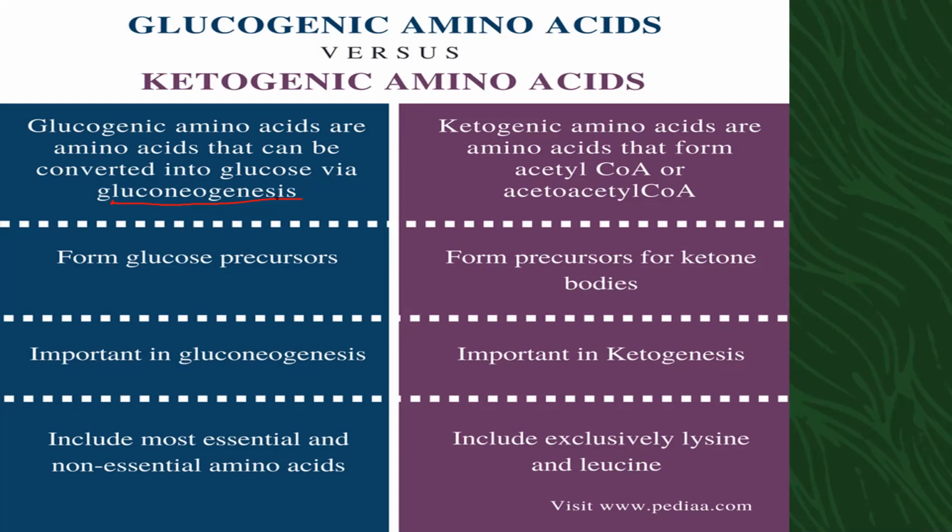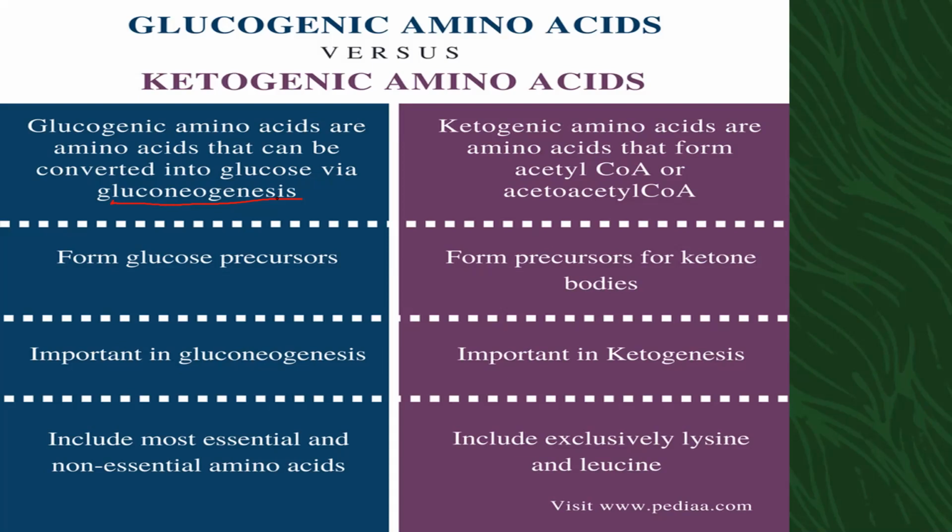Usually, our glucogenic amino acids include essential and non-essential. An example of this is methionine. Methionine is an example of an essential amino acid which is also considered a glucogenic amino acid.